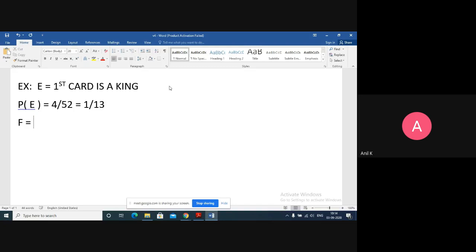F I'll take as the second card is also a king. So 3 upon 51.